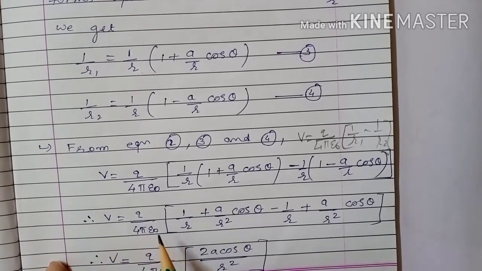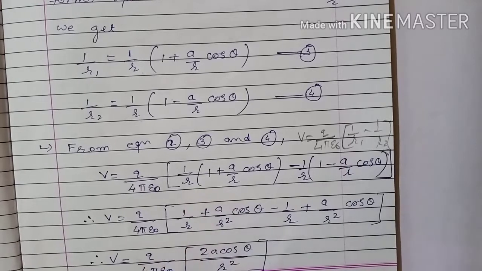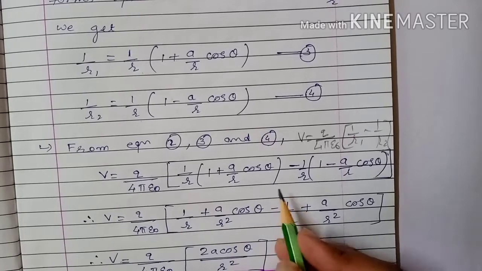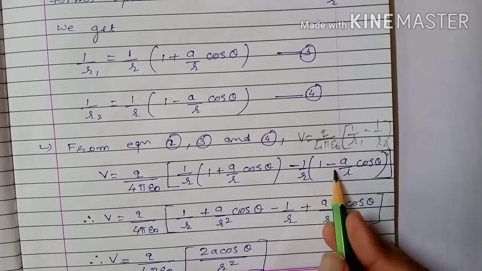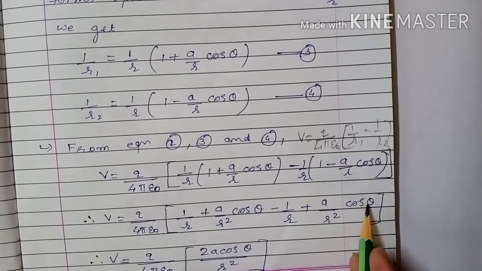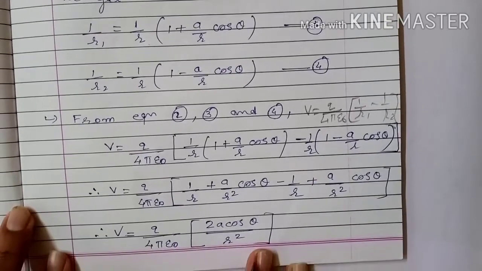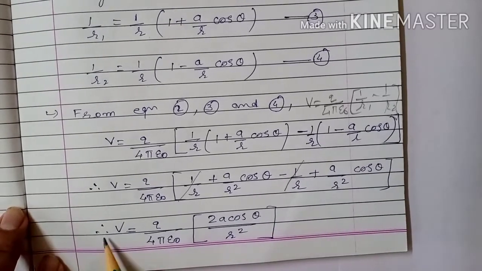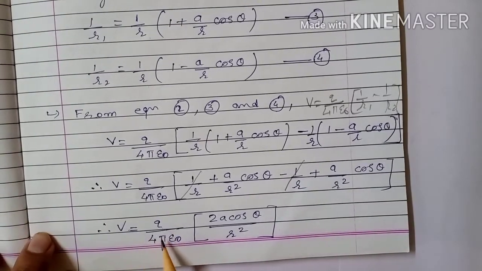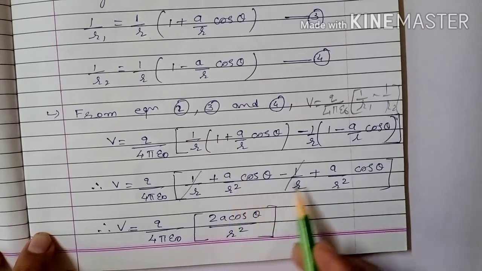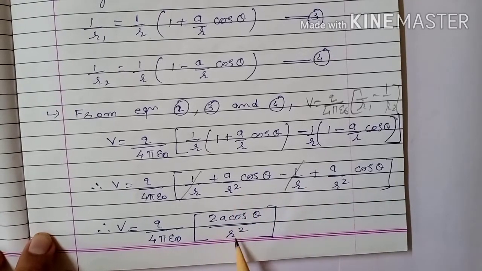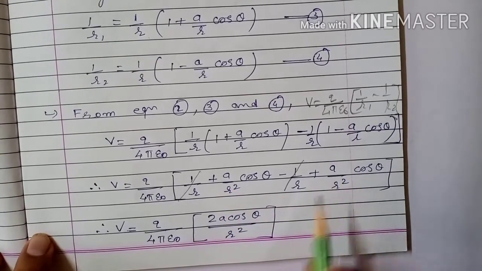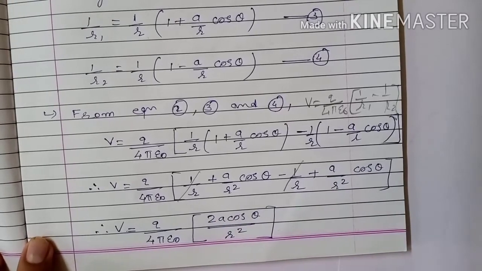Therefore V is equal to Q upon 4 pi epsilon naught, 1 by r into 1, a by r into r, that is a by r square cos theta, minus 1 by r plus a by r square cos theta. 1 by r minus 1 by r will get cancelled. So the potential at point P is given by Q upon 4 pi epsilon naught, a cos theta upon r square plus a cos theta upon r square, that is 2a cos theta upon r square.